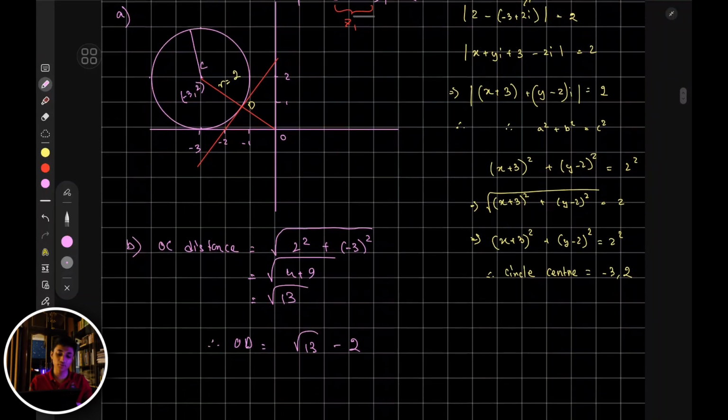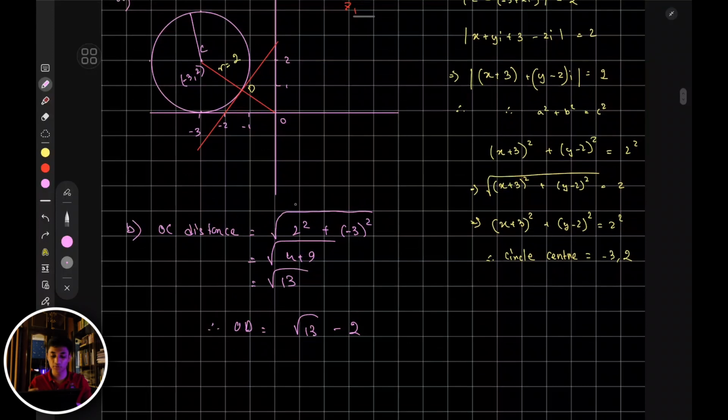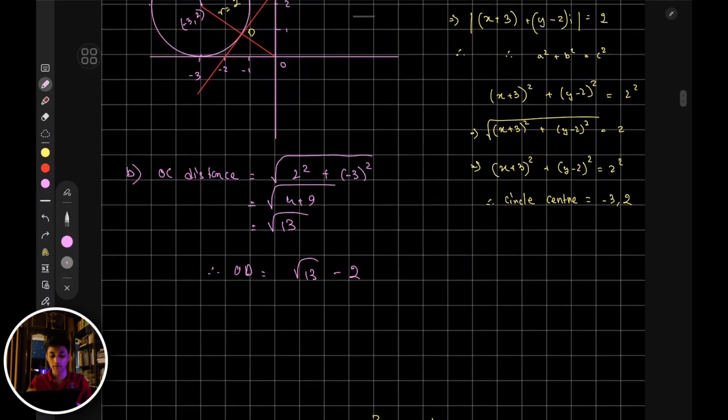So if that's the case, you know the distance is 3. You know the radius is 2. So the first thing you can do is find OC. OC. How do you do that? Simple equation, the distance equation. 0 minus 2 whole squared, 0 minus 3 whole squared.